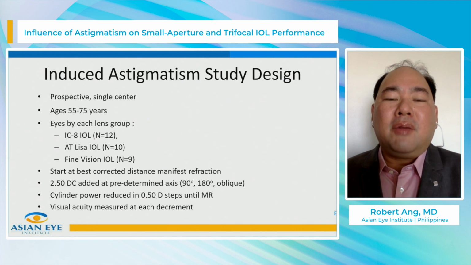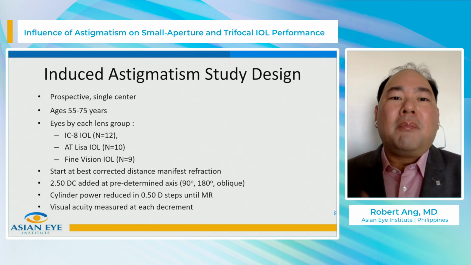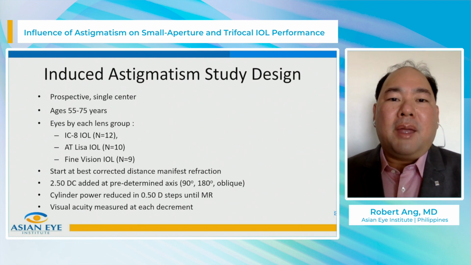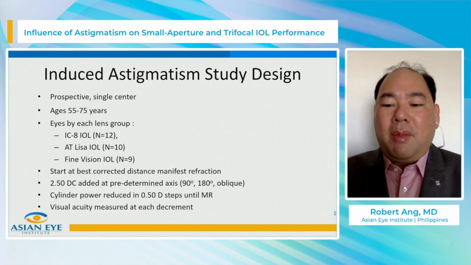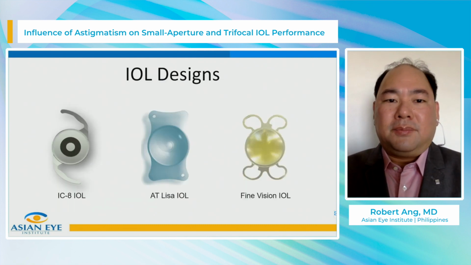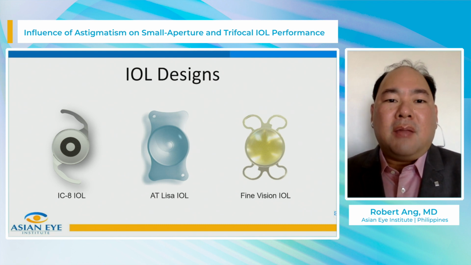And we gradually remove 0.5 diopters per step all the way to manifest refraction. By doing this, it's similar to a defocus curve where you find out how is the degradation of vision with each step of removal of the cylinder. And then we measure the visual acuity. So, as I said, we use three types of IOLs, the IC8 IOL, the AT LISA trifocal, and the FineVision trifocal, as you see in these images.